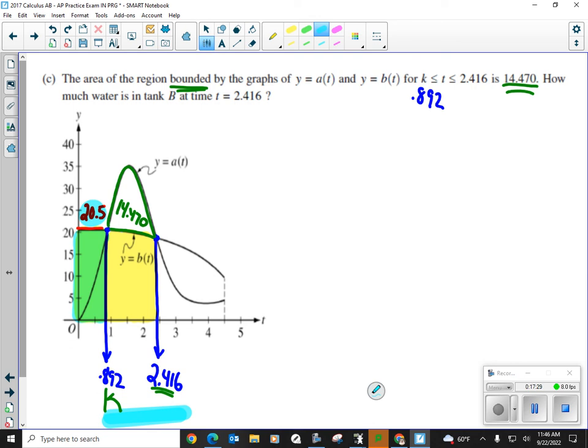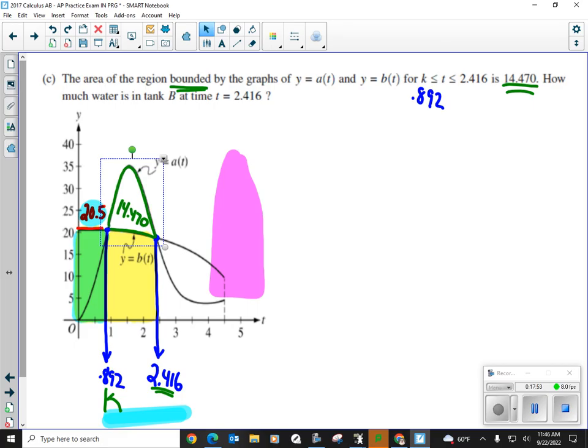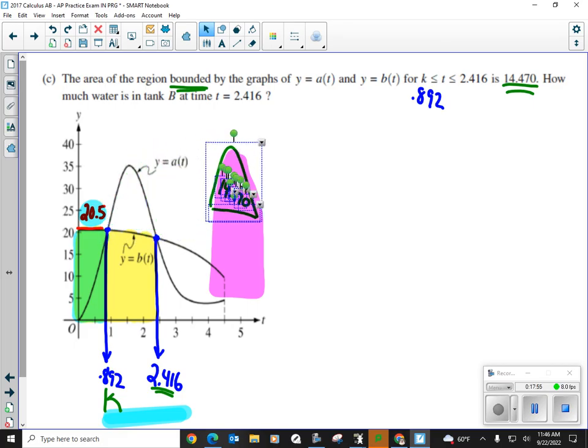What I'm going to have to do is take all of the area under the curve for A, this whole area, and subtract my 14.470.